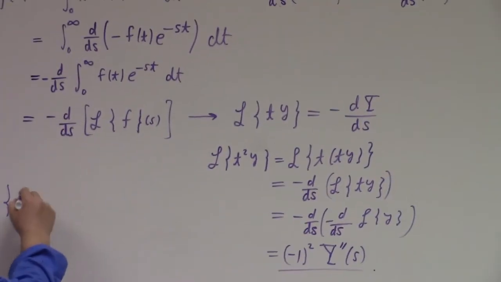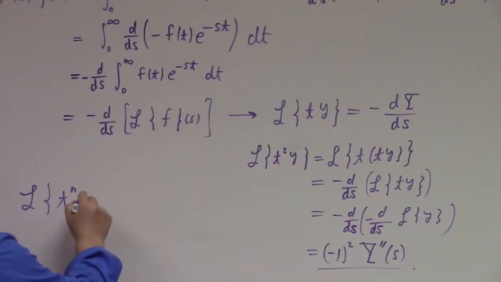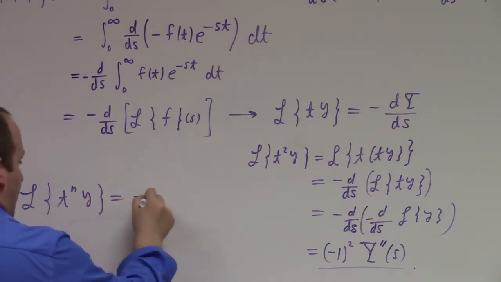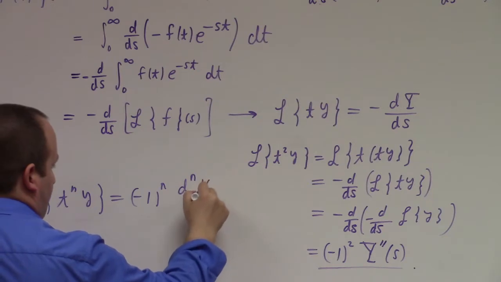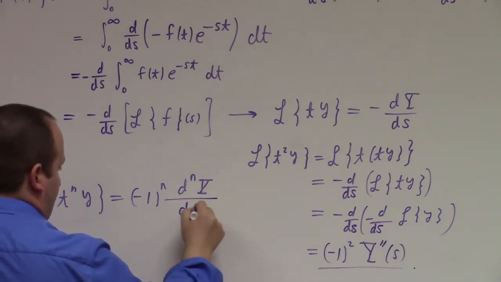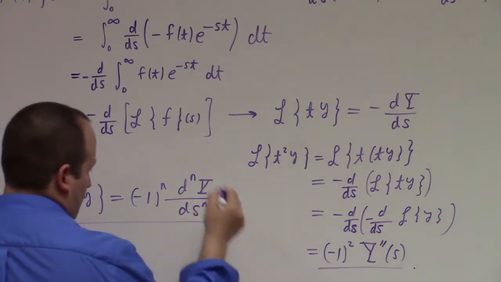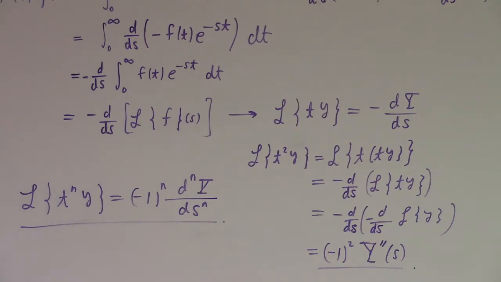In fact, generically speaking, you can see from this argument continuing that the Laplace transform of t to the n times y will be minus 1 to the n times the nth derivative of the big Y with respect to s. So now that we know that, we can easily calculate the Laplace transform of polynomials as they're generated from the Laplace transform of 1.